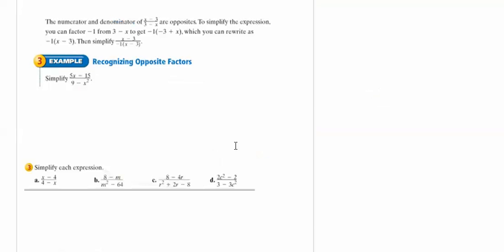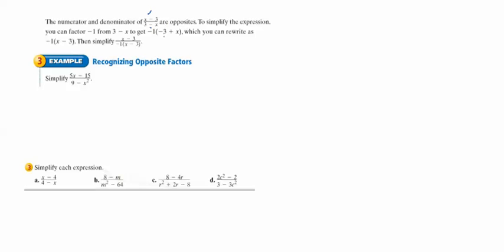Next one. Okay, so then the next example is example 3, but before that, let's read the little notes that I have up here. It says the numerator and the denominator of x minus 3 over 3 minus x are opposites. So as you can see, they're opposite of each other. To simplify the expression, you can factor a -1 from 3 minus x, and you're going to get -3 plus x, which you can rewrite as -x plus 3.